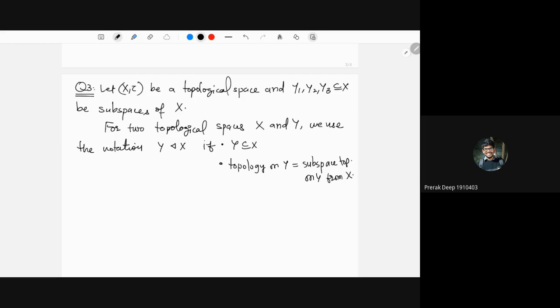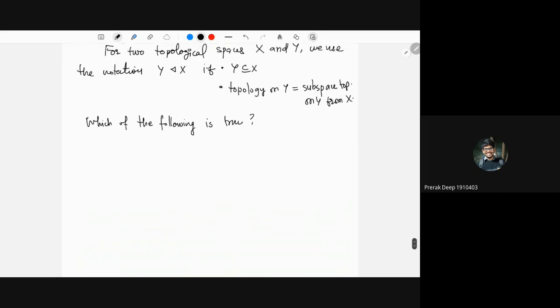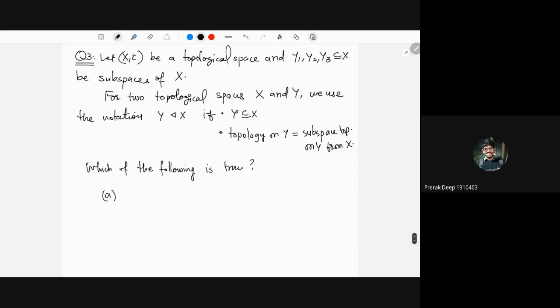Okay. Now the question is, which of the following is true? Option A: if Y1 triangle Y2 and Y2 triangle Y3, then Y1 triangle Y3.